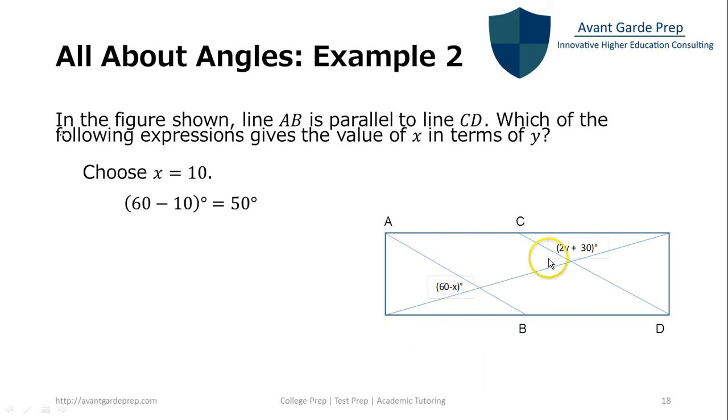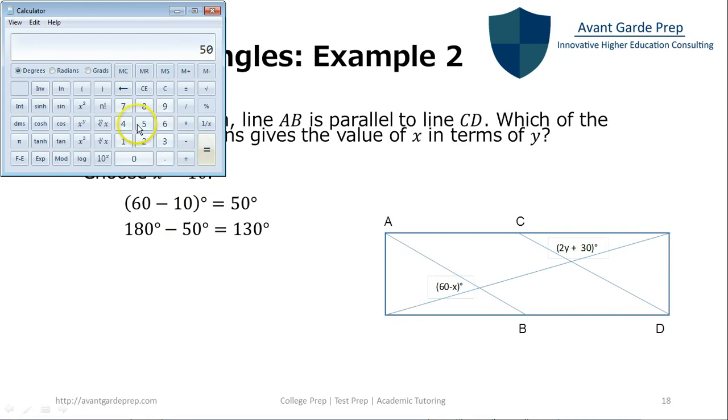Since this angle is 50 degrees, we can now find the value for 2y plus 30 by subtracting 50 from 180 degrees. So here you see that 180 degrees minus 50 degrees is 130 degrees. So that means that 2y plus 30 is 130.